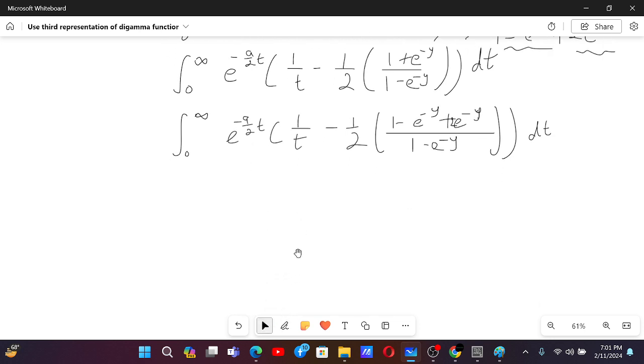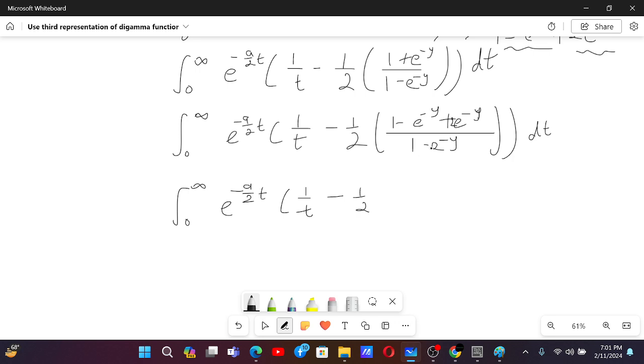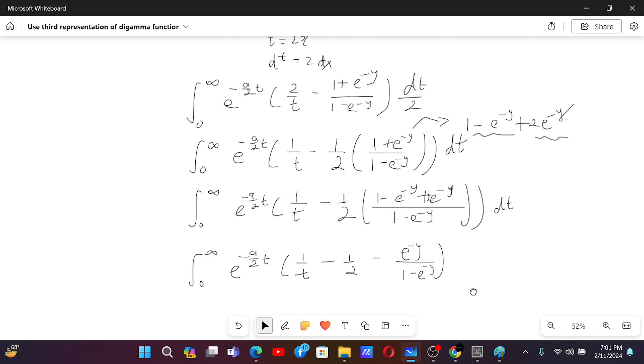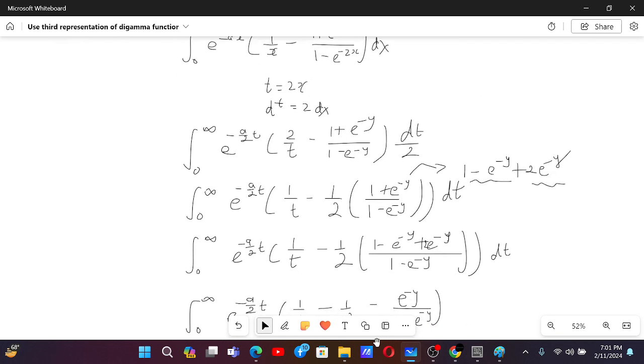Now what should be our next approach? Let's see how this goes on, and we will decide. 1 by t, now this is just minus 1 by 2, and then we have minus... So the 2 cancels out, giving e to the power minus t by 1 minus e to the power minus t. How is it that we have y over here and t over there? This is actually t, because I made the substitution with t.